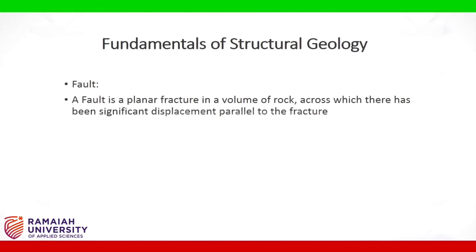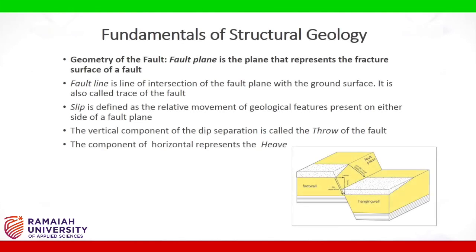Fault. A fault is a planar fracture in a volume of rock across which there has been significant displacement parallel to the fracture. Geometry of the fault. Fault plane is the plane that represents the fracture surface of a fault. Fault line is the line of intersection of the fault plane with the ground surface.